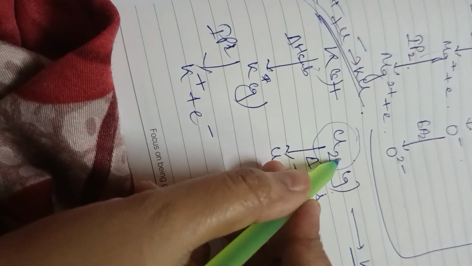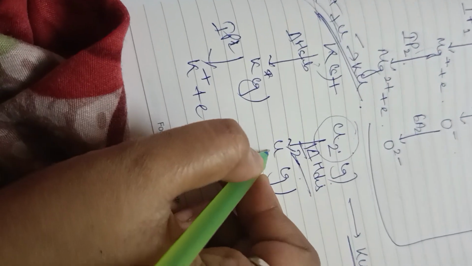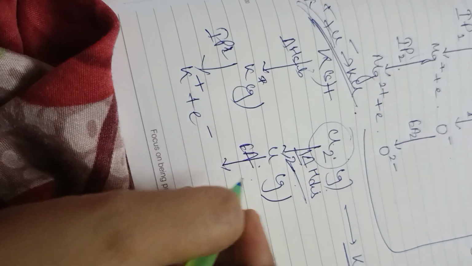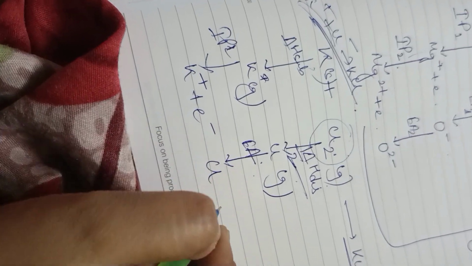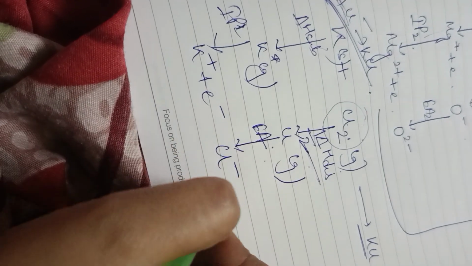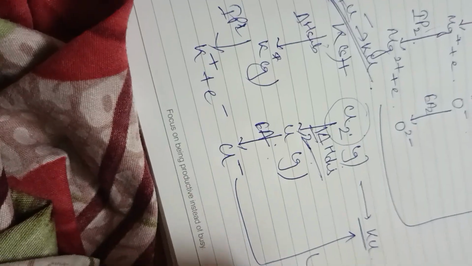You are getting 2 but need 1, so obviously you have to calculate half. Now you do electron affinity of Cl, so you get Cl-. Now this is lattice energy.